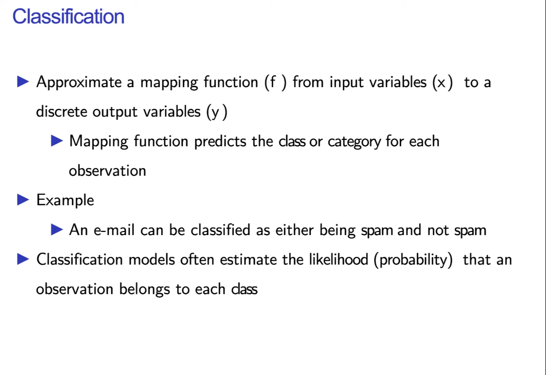And that discrete output variable is going to be the category. So imagine that in our previous case I have two categories. If the house needs more than 100 units, I give it number 1. If the house needs less than 100 units, I give it number 0. So that could be a very easy example.